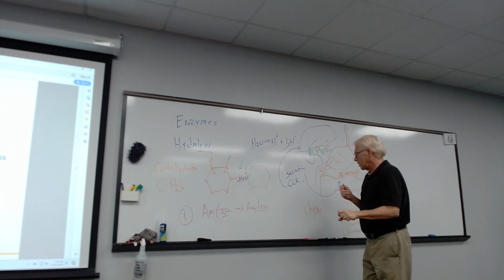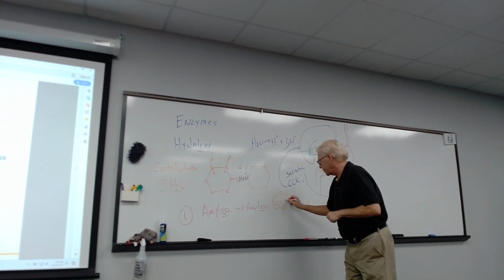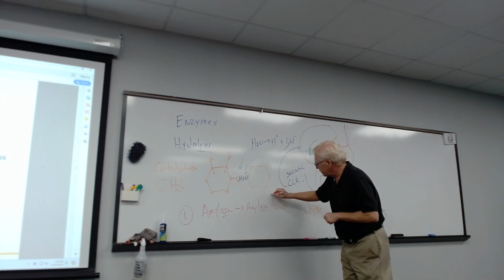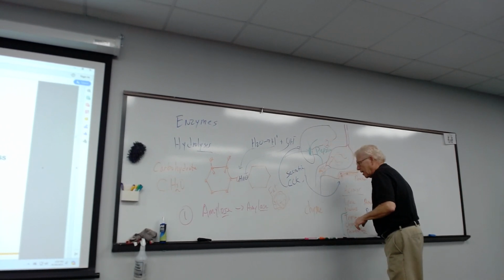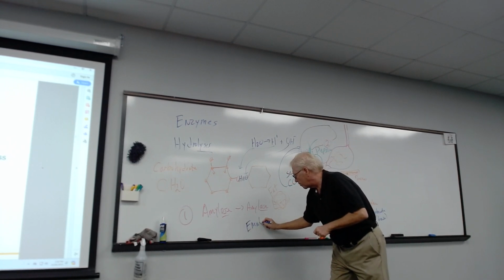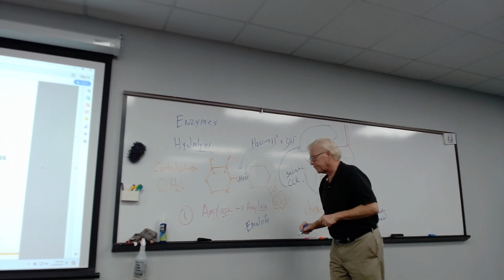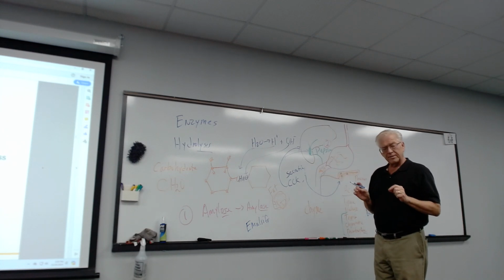Ready? Yep. Okay. Here's a big blob of fat. Got it? This is your fat, your lipids. Okay? And I want to emulsify. Emulsification is not the same thing as an enzyme.